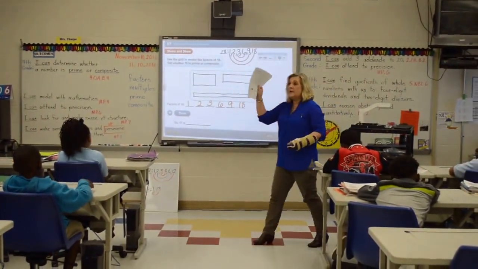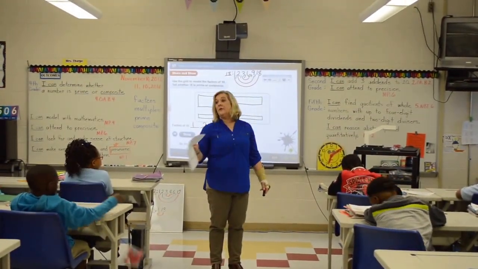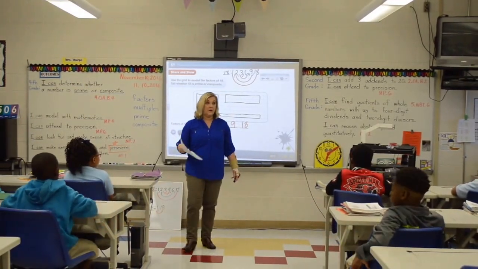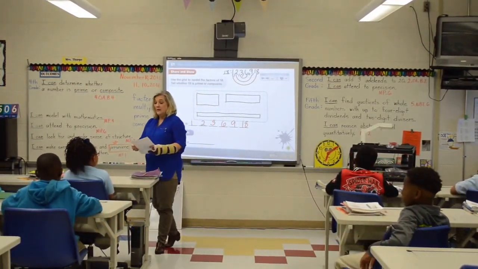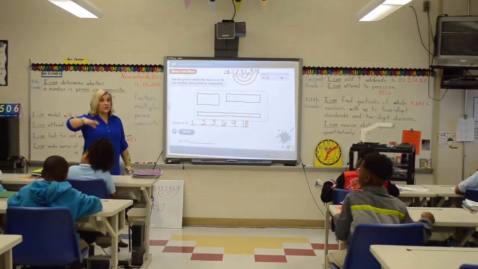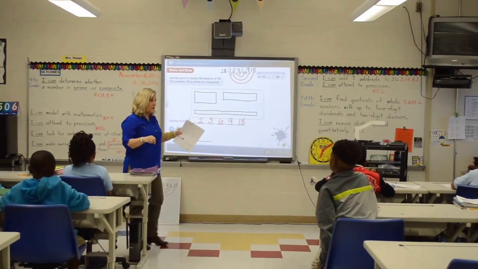All right, we have a practice page, and you're going to do Rally Coach on the practice page. I'm only going to give 1 page for each partner group. You have to answer every problem, but remember, for Rally Coach, you're going to go back and forth. You must talk through your problems first with your partner.